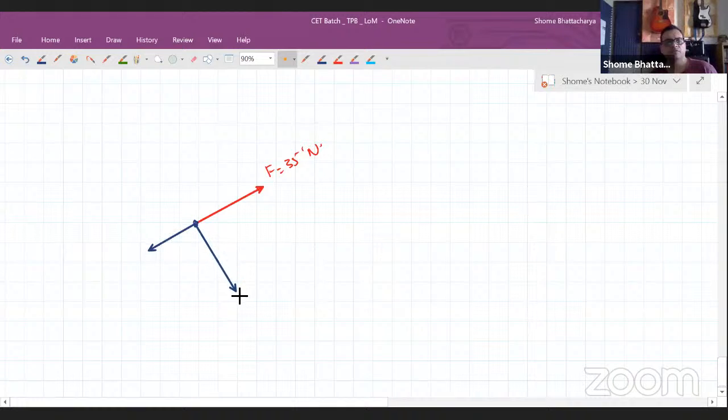Its component is mg cos theta. It's 25 root 3 newtons. It's 25 newtons. Okay.